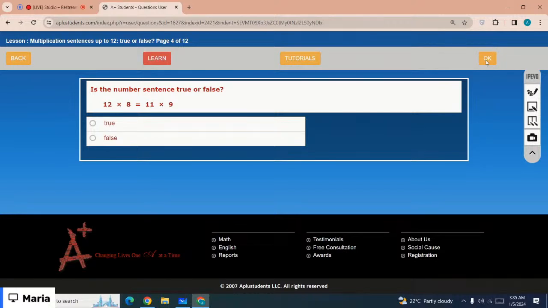Is the number sentence true or false? 12 times 8 equals 11 times 9. Which is the correct option?